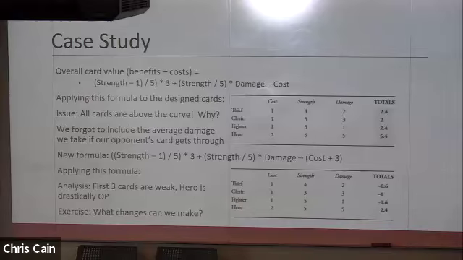It's still right to choose the hero every time, even if mathematically they look balanced, because damage is worth something. We're making an assumption that we have equal distribution across these cards between 1 and 5, and if that's not the case, then the strength 5 card is going to be the right pick every time, as long as the damage is higher than the cost.